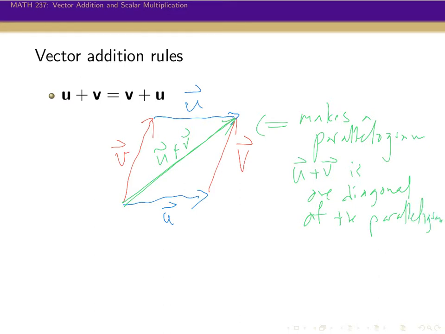And so sometimes you can think about this, that the order of addition doesn't matter. This is saying either way you do the addition, you're getting the same diagonal of the parallelogram. And so some people call this the parallelogram rule.